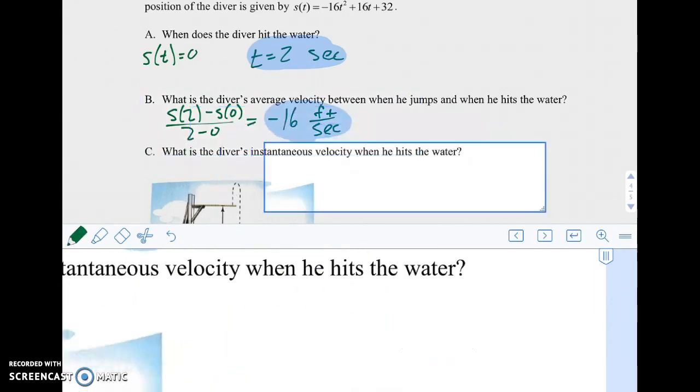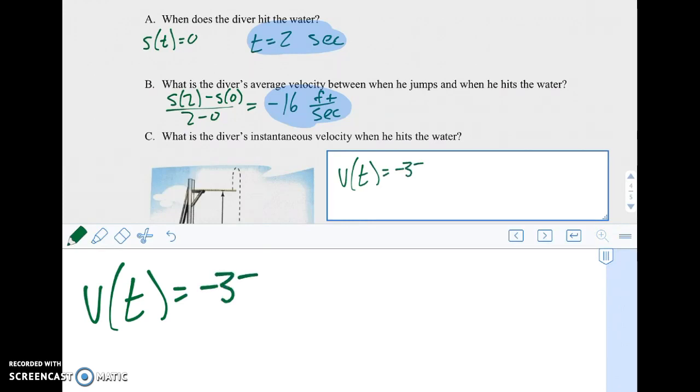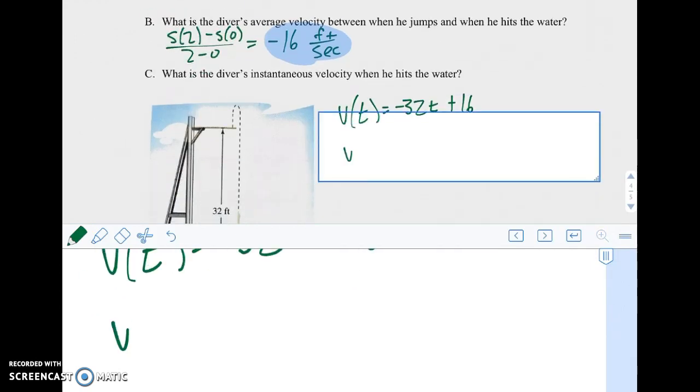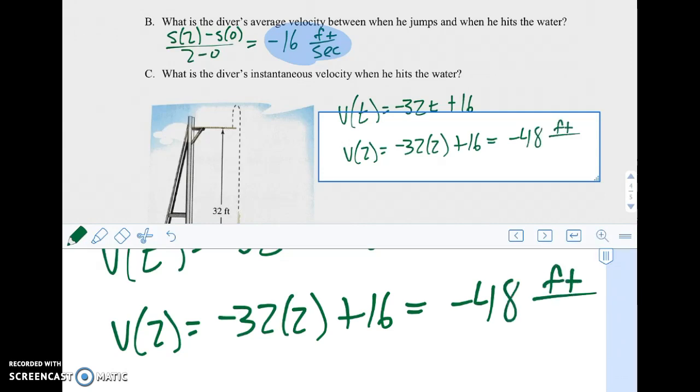Alright, and then for part C, to find instantaneous velocity, you need the derivative of s of t, which, if you follow your power rule, will be negative 32t plus 16. And then you plug in 2 for t. So v of 2 is negative 32 times 2 plus 16, which is negative 48 feet per second.